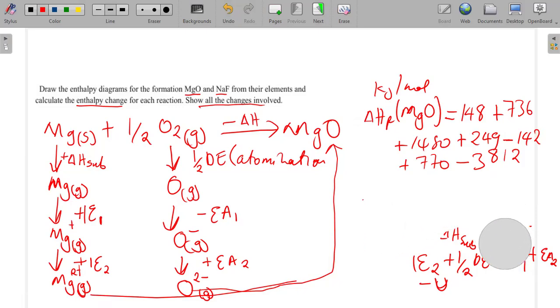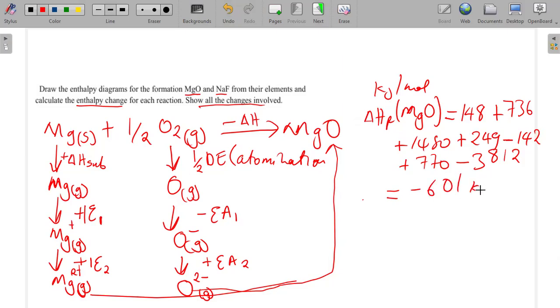We get 148 plus 736 plus 1450 plus 249 minus 142 plus 770 minus 3812. So we'll get the final change in enthalpy for the formation of magnesium oxide to be negative 601 kilojoules per mole.